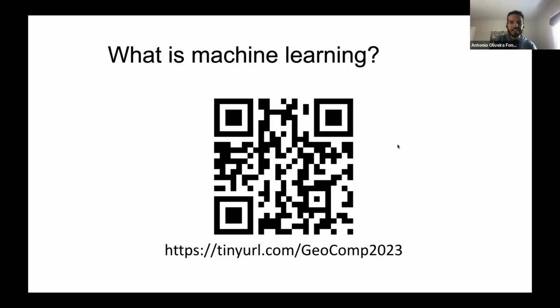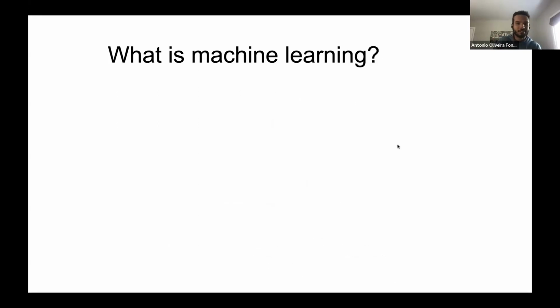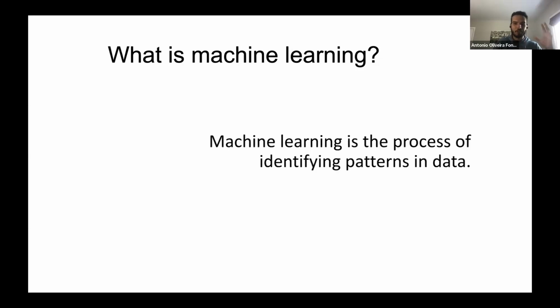Very good. Great. So what is my definition of machine learning? And then you see where your answer falls in that category. Machine learning is the process of identifying patterns in data. That's one very general definition, but it also encompasses how we're going to make use of that data to extrapolate to new regions, to unseen new data.